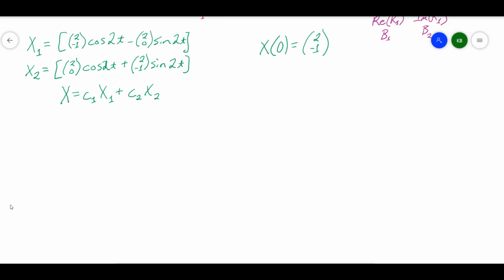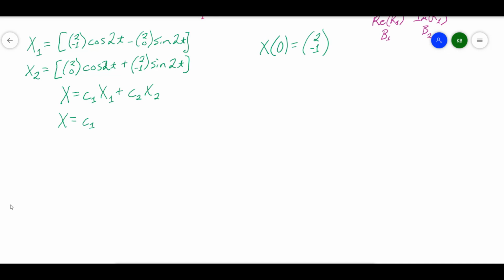In order to do that, I'm going to substitute 0 in for t, and then this (2, -1) vector goes in for our x. But substituting in for t while it's looking like this is potentially difficult, so let's write this all in one line. We've got x equals c1 times x1.